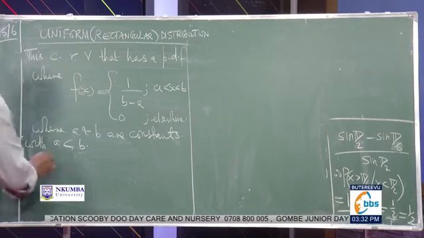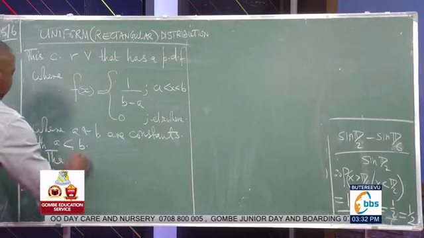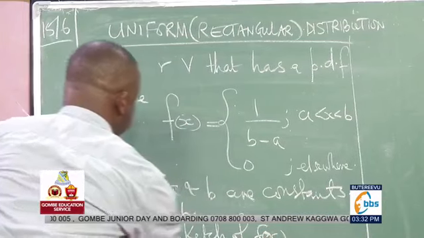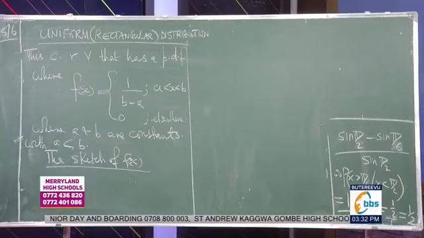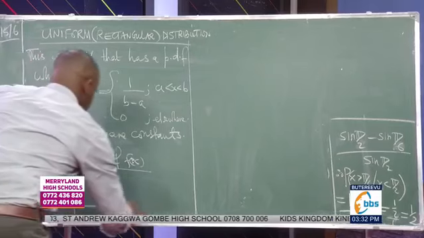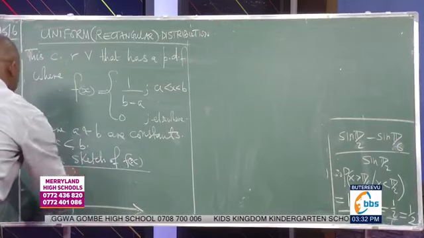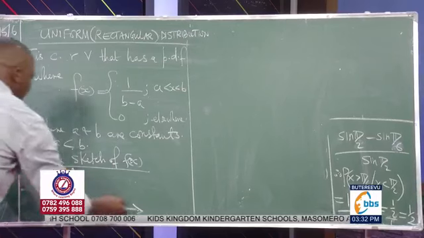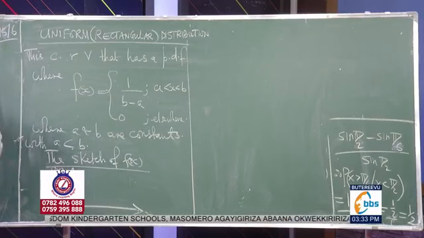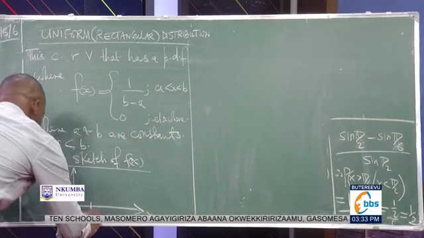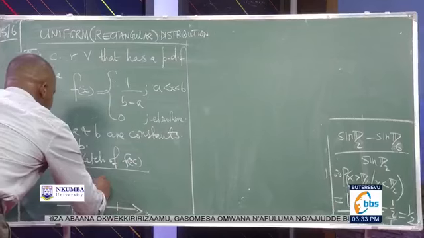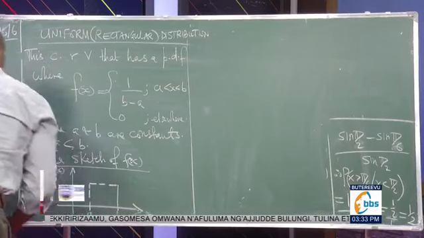And when we sketch this function, I'll put this simple sketch here, that this is f of x and this is x. If x is given as a and b here, this function ends into what we call a rectangle.